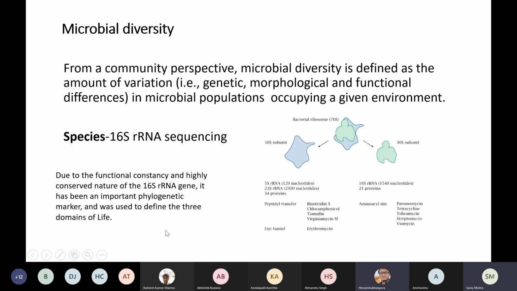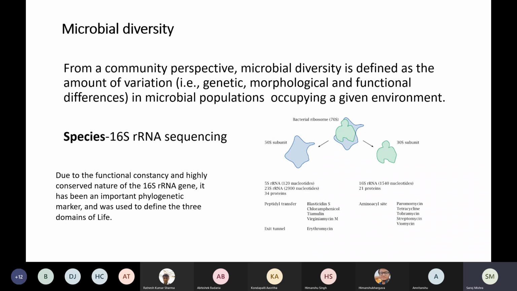Now, microbial diversity. Just the way sequencing has been used to enumerate, it can also be used for understanding microbial diversity. It overlaps with what I told you earlier, except that in that paper we were looking at restriction fragment length polymorphism.